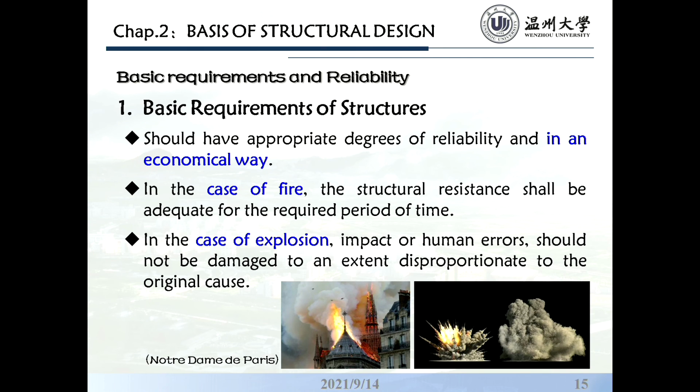Yeah, this is the explosion, the accidental action. And there are human errors. During design, there's a balance of fitness for purpose and the economy. This balance should be good, and it is the worth of the engineer.